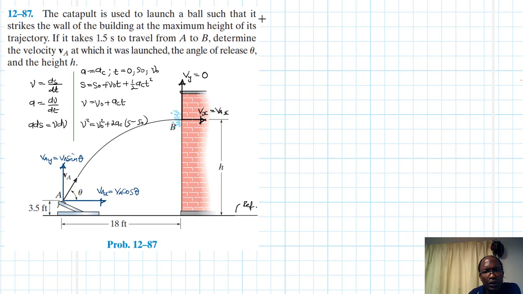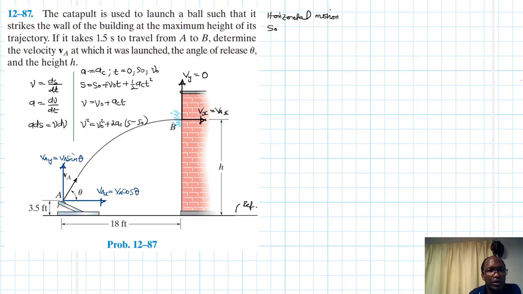Okay, so we can start with the horizontal motion, and we know that in horizontal motion the velocity is constant, therefore acceleration is equal to 0.